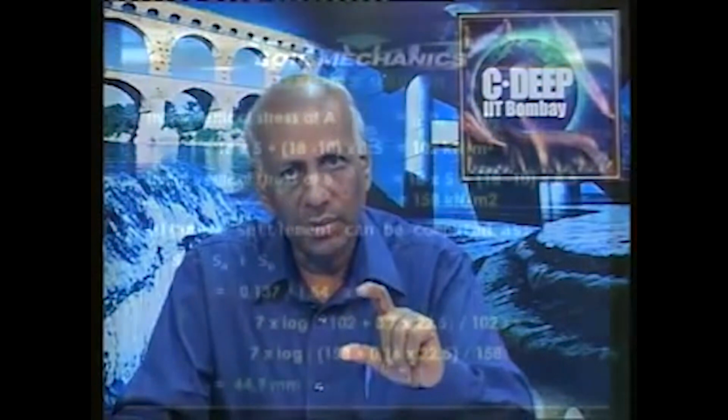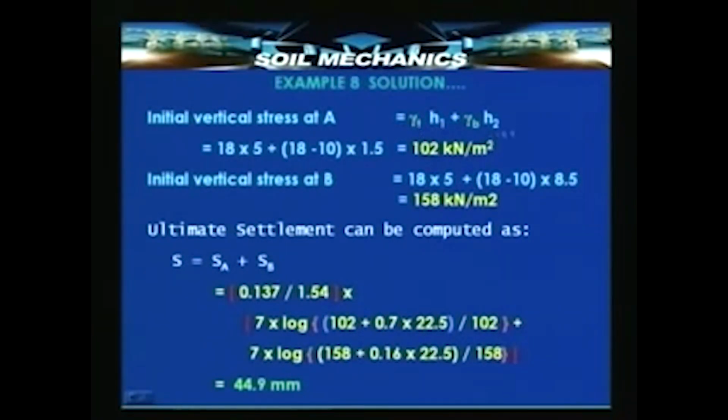Water table is somewhere in the middle, and wherever the soil is saturated and below the water table, you have to take the buoyant unit weight, and therefore the intensity of pressure at A due to the overburden will be gamma T into H1 for the dry part and gamma buoyant into H2 for the buoyant part, that is 102 kilonewtons per meter square. And similarly, at B you can calculate the intensity of stress due to overburden as 158 kilonewton per meter square. What is the settlement therefore?